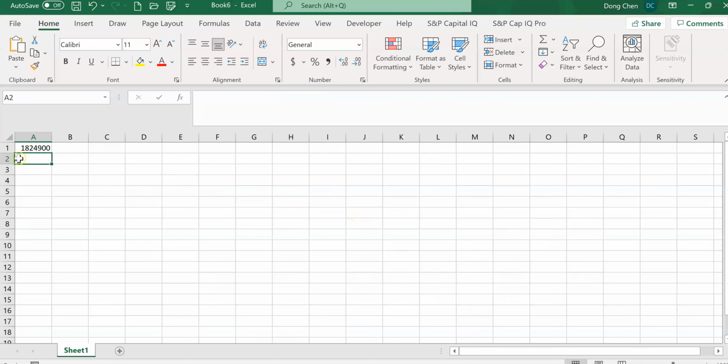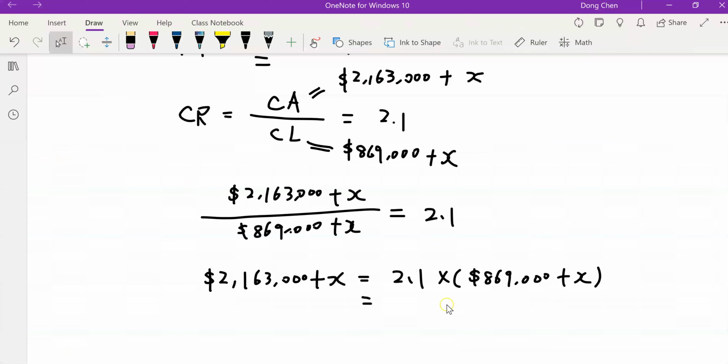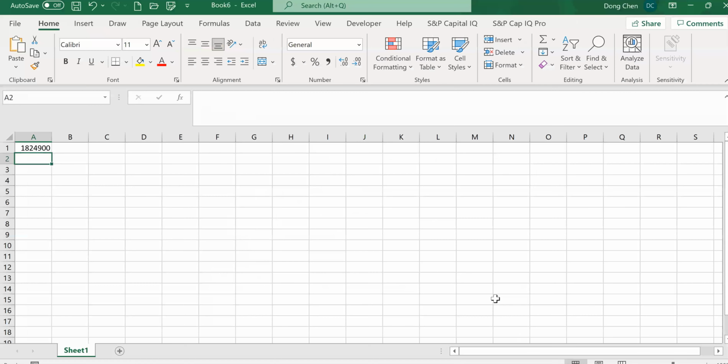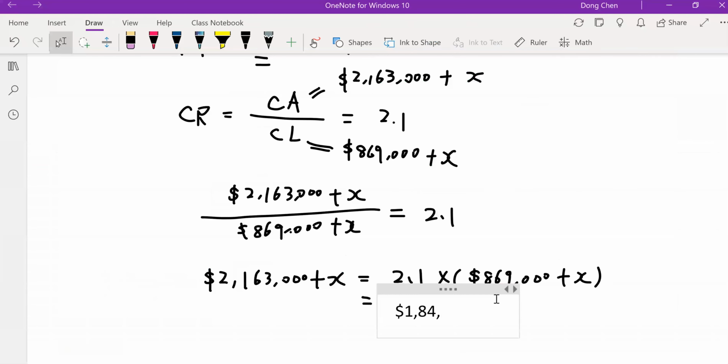So this becomes 1,824,900. Why don't I just type it, to make it easier: 1,824,900. And then this plus 2.1 times X, right? That's the right-hand side.